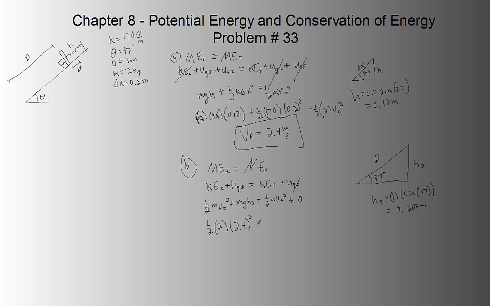Anyway, plus 2 times 9.8 times 0.602, and that equals 1/2 times 2 times velocity final squared. In this case, velocity final should be faster, right? Because it's going down the ramp even more, and it is. It's 4.19 meters per second.